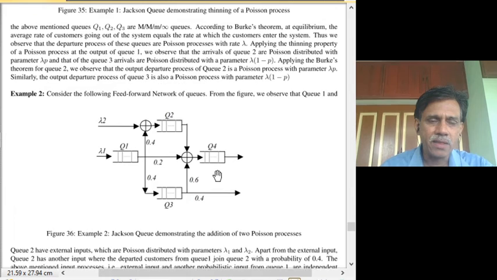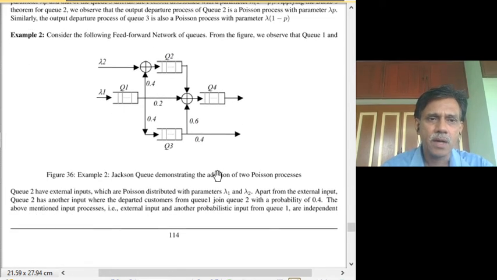Next, we will consider another process, which is a feed forward network of queues. But there are two arrivals that take place. So you have a queue Q1 to which Poisson arrivals occur at a rate lambda 1, and to the Q2 there is an external arrival as well as customers departing from Q1.